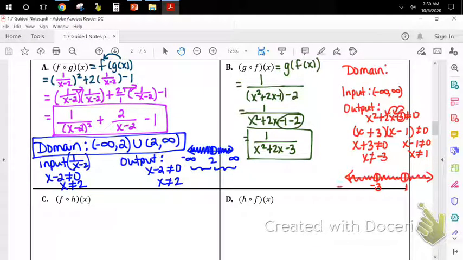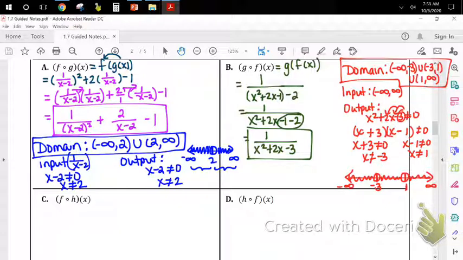So therefore, oops, I forgot my infinities. There they are. And so we can see that we have 3 intervals there. So our domain is going to be negative infinity to negative 3, union, negative 3 to 1, union 1 to infinity. And so there's the domain of our composition. Remember, the domain of the input and the output only help us find it.